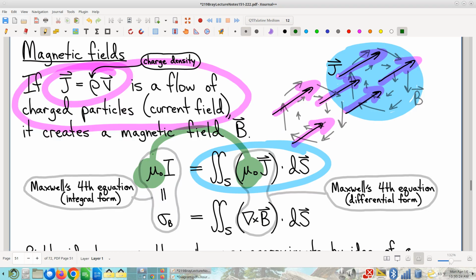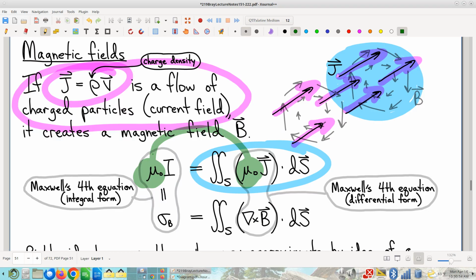Current is a flow of charged particles. Flux says how much of the fluid is passing through your surface. That's the whole point of flux. Flux was motivated out of the idea of having a flow of particles, water, air, wildebeests, whatever. I have this flow of stuff, and I want to know the quantity per unit time passing through my surface. So what is the flux of the current field?